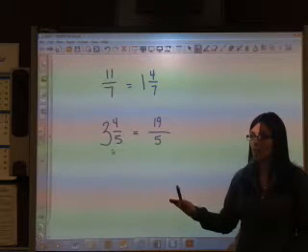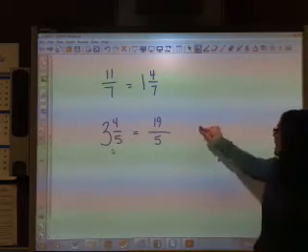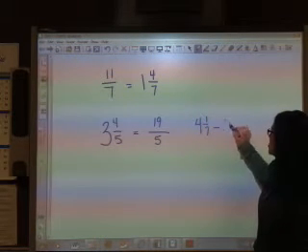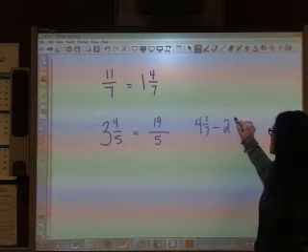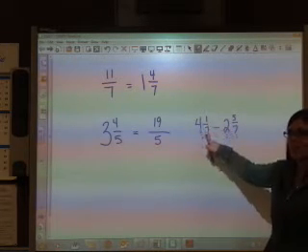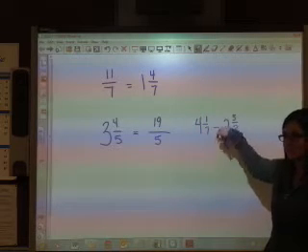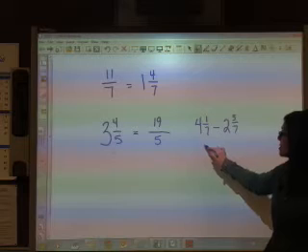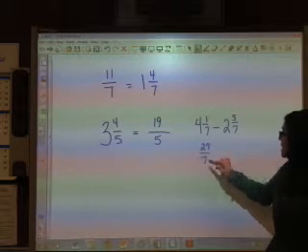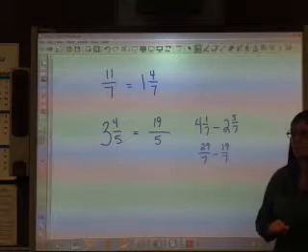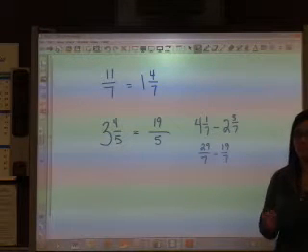And by borrowing, I mean if I had 4 and 1/7 minus 2 and 5/7, I can't take 5/7 away from this 1, so I'd have to, in a sense, borrow. So if I change them into improper fractions, 29 sevenths and 19 sevenths, it becomes easier to subtract.